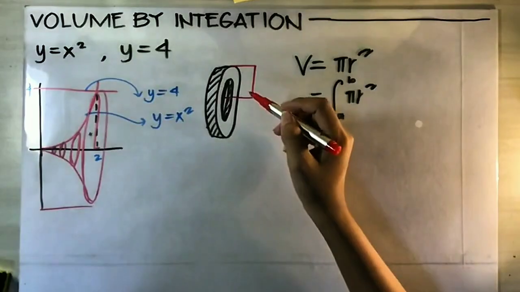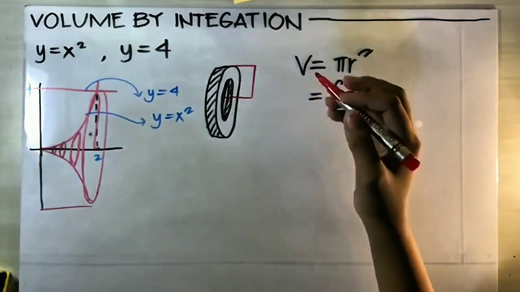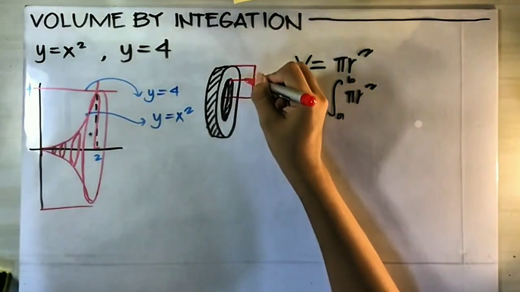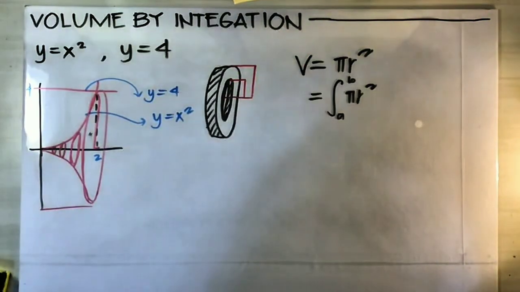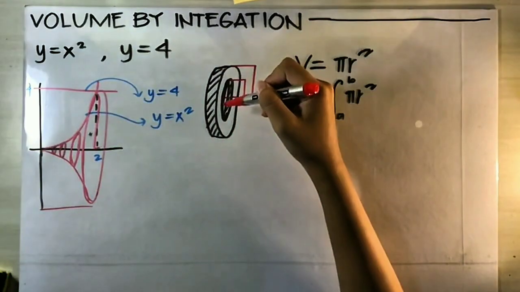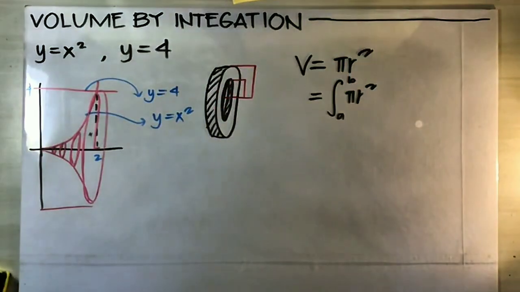We calculate the volume of the outer part and subtract the volume of the inner hole. So this one, also from the center. So, this figure is called a washer.